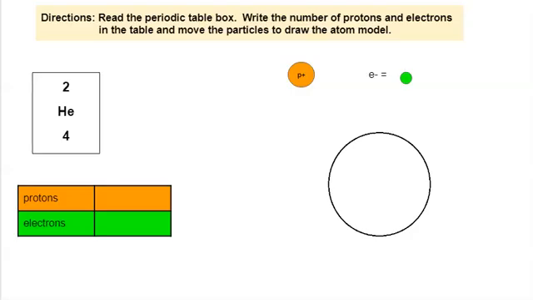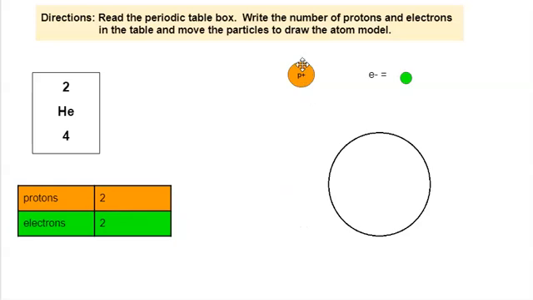The first problem was He, and this is helium on the periodic table. You found that the atomic number is 2, and that there are 2 protons, and because this atom is neutral, if there are 2 positive charges, there also have to be 2 negative charges.